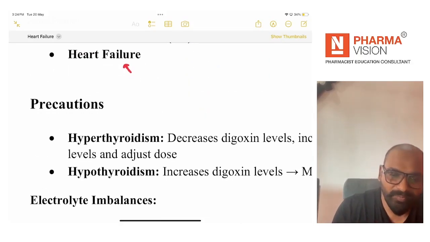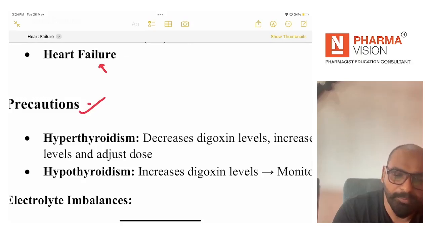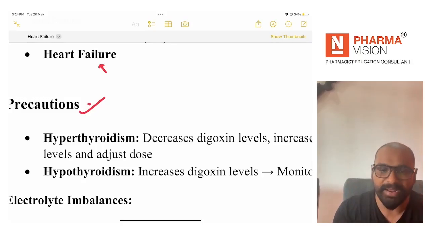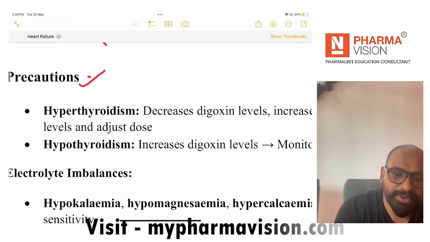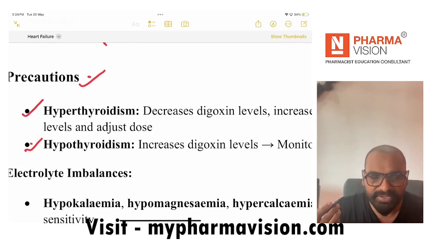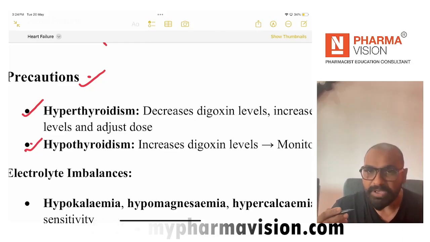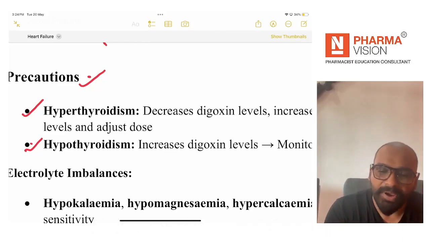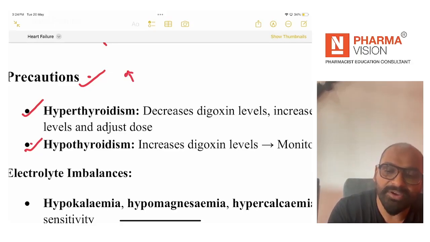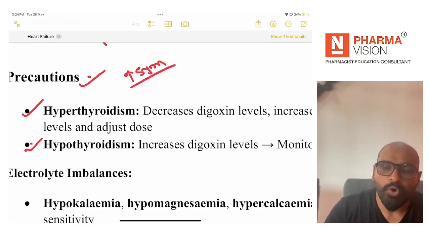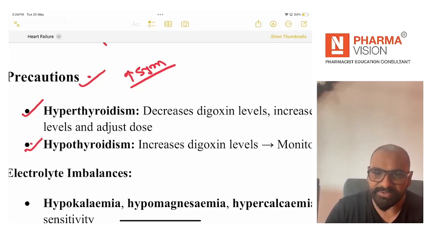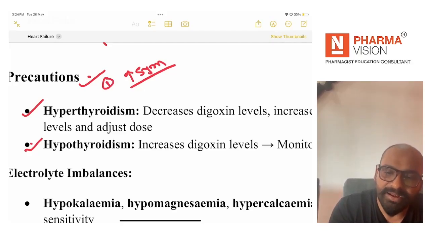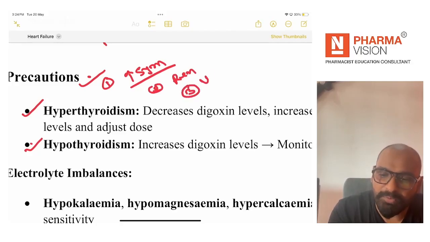Another very important point you must learn and remember: hyperthyroidism and hypothyroidism. When the patient is suffering from hyperthyroidism, logically and physiologically, the patient has overactivity of the sympathetic system. Second, it increases the renal blood flow and changes the volume of distribution.